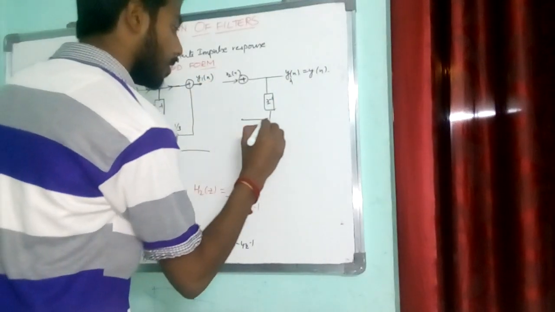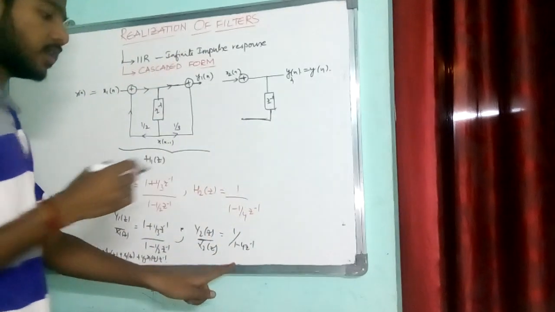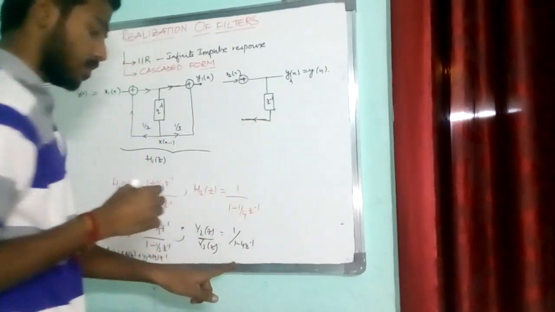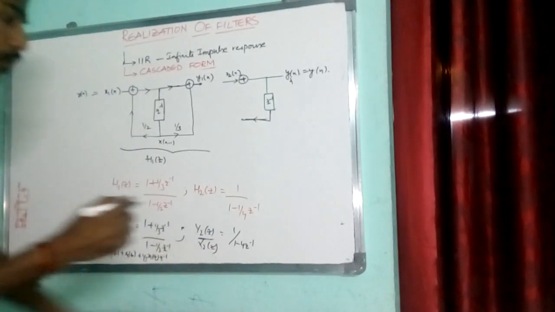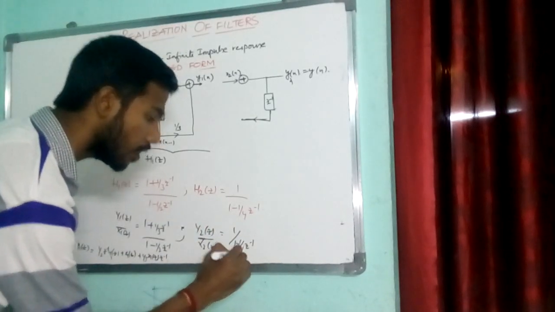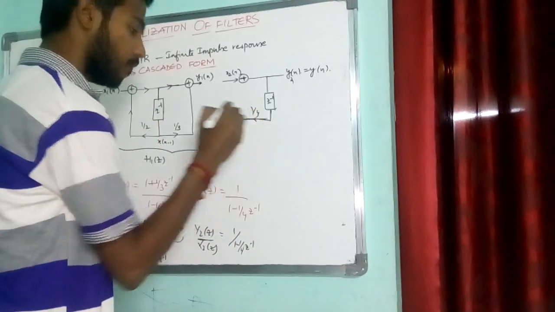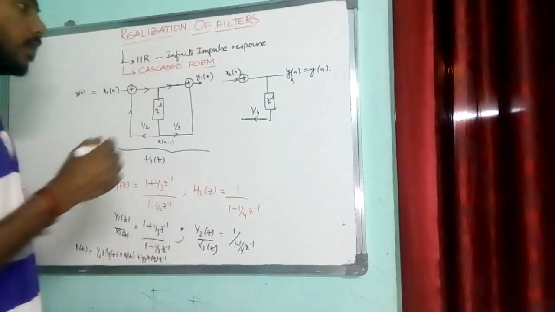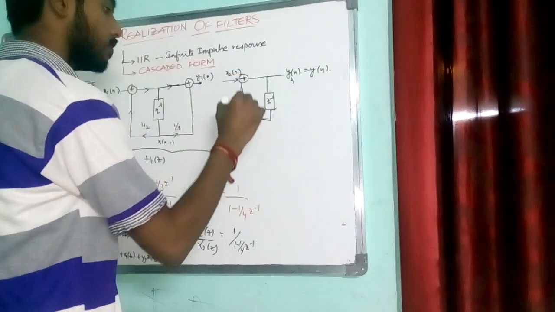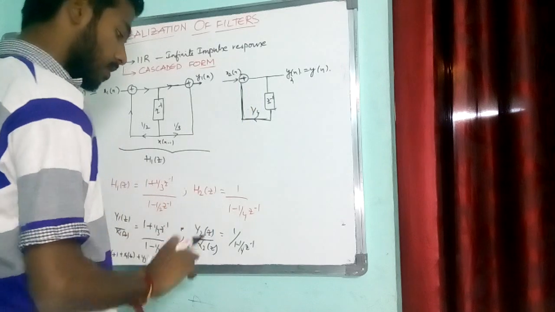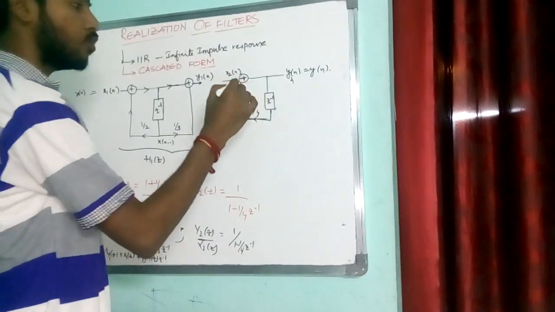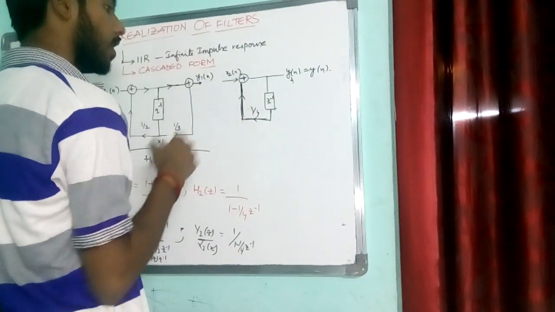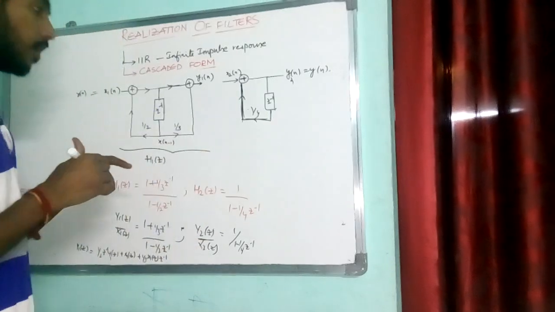So here y of z is given by, my coefficient is 1 by 4 here. So I'll add to this one. As only x2 of z is there, directly my x2 of n is sufficient. Okay. So this is my second block.